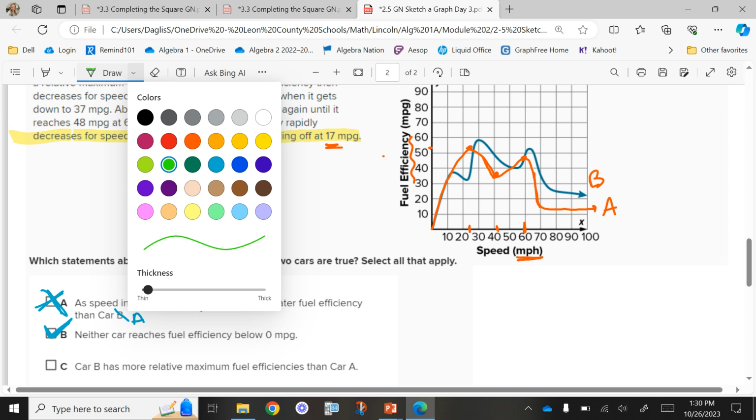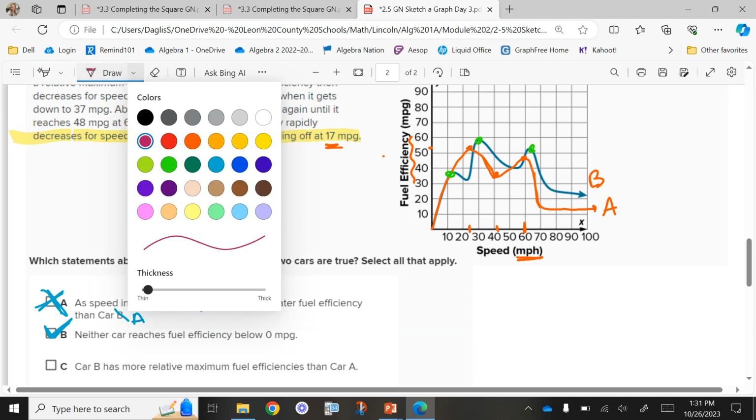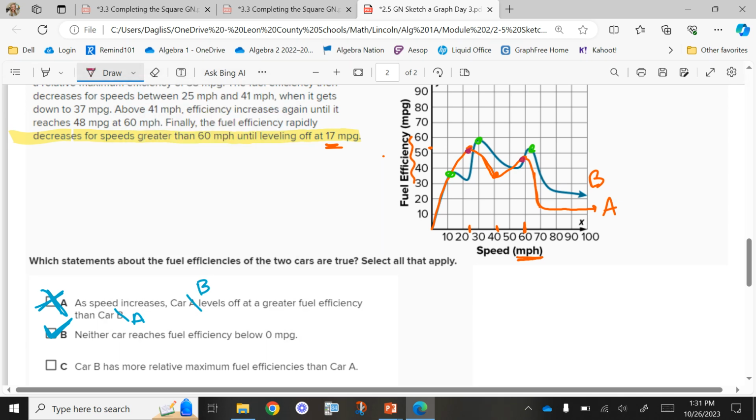How many peaks does B have? 1, 2, 3 is what B has. And A has 2 peaks. Okay, so which one has more? B has more. So is this true? Yes. Y'all see how we figured that one out? We counted the bumps. Okay? B had 3 bumps, A only had 2. So B has more.